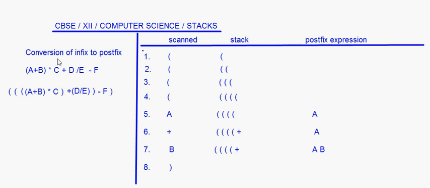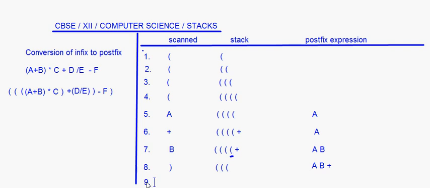Now when you get this closing bracket, the opening bracket for it is this. So now only three brackets will remain. The fourth bracket will go and this plus sign will go into the postfix expression. So you will have something like this.